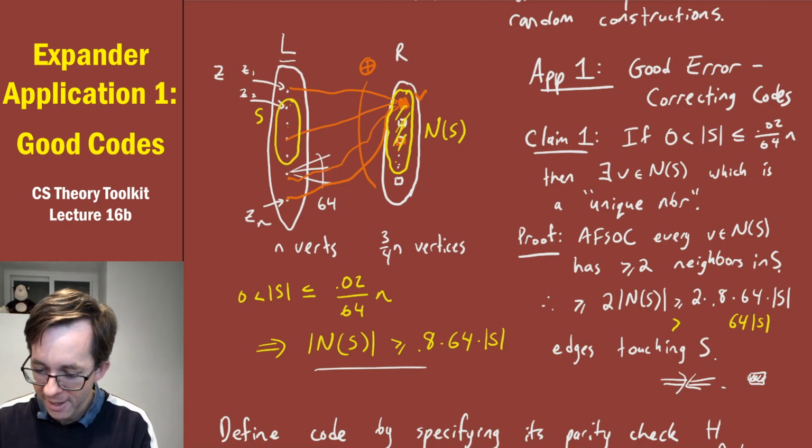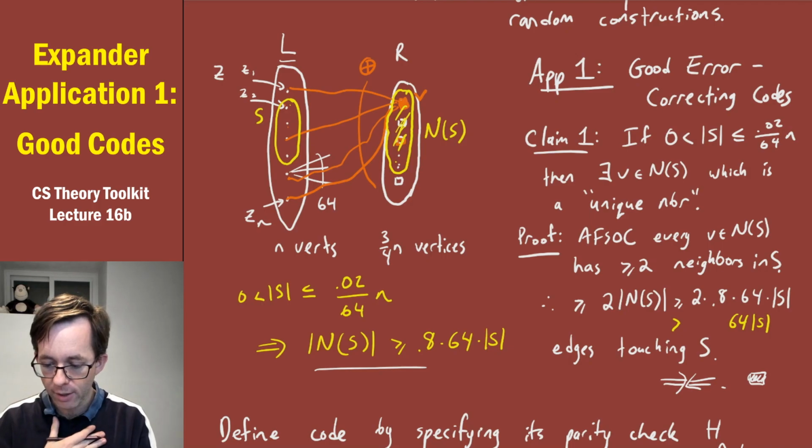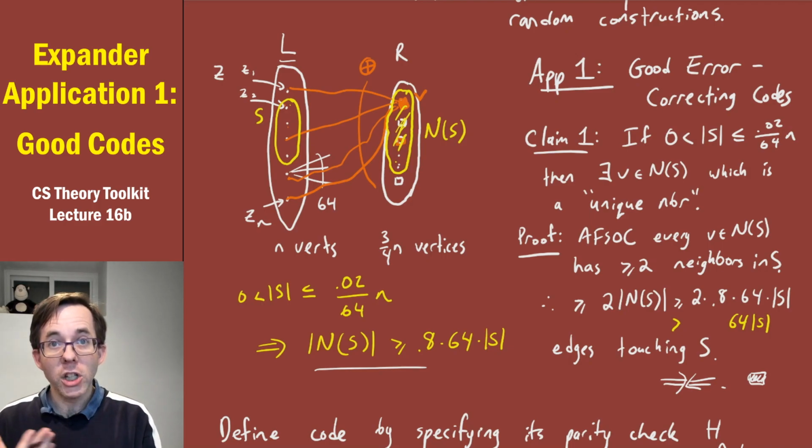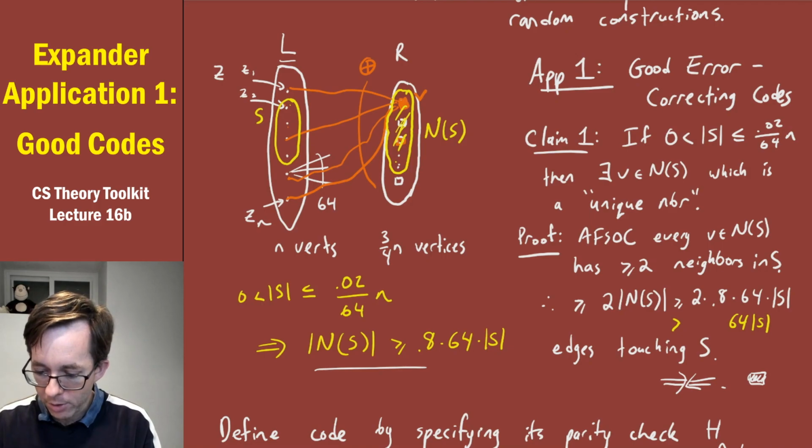So here's S, and this vertex V here is a unique neighbor in the sense that it's a neighbor of S, but it has no other edges that go into S. And now let's just think about the parity check associated to this vertex V. Well, this parity check just XORs together all the labels that z gives to the vertices which are neighbors of V. So, this one, and this one, and this one, and this one.